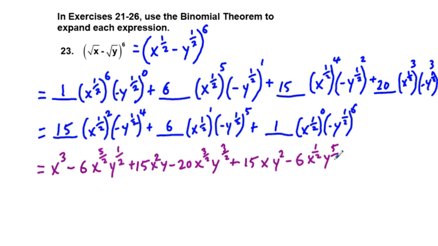That's the 5/2 power. And then our last term is going to be 1, plus 1, y to the 1/2 times 6, so it would be plus y to the third power. And this should be our expansion.